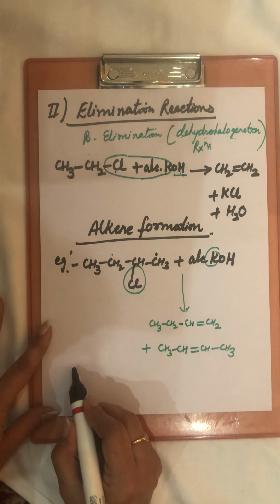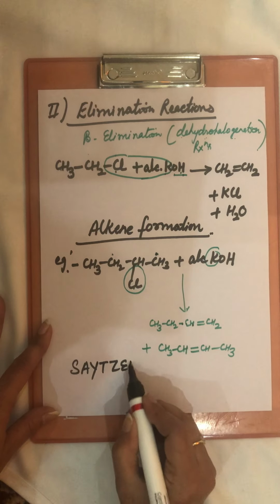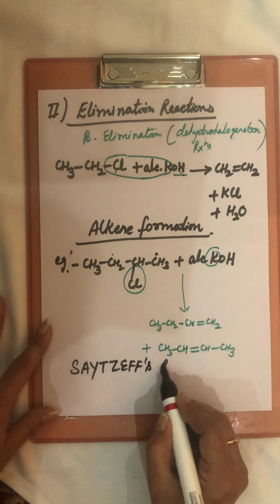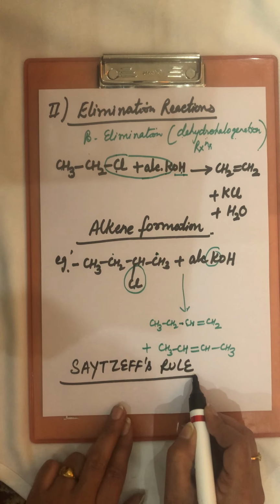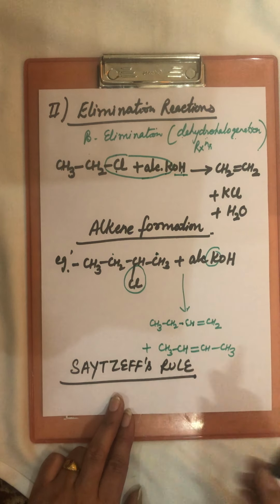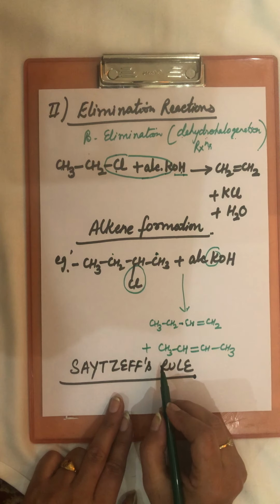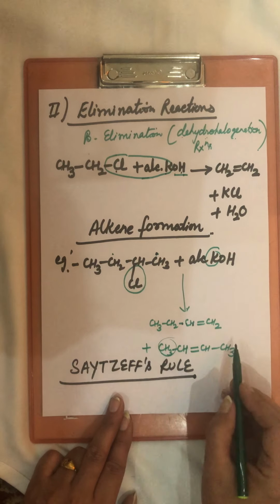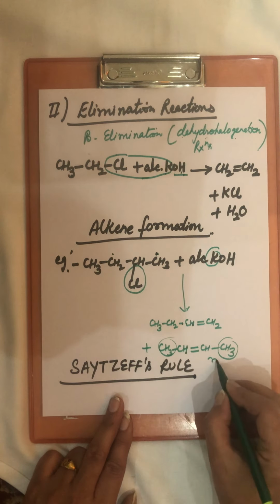That we decide by using a rule called Saytzeff's rule. Saytzeff's rule is used to decide which alkene is the major alkene. According to this rule, that alkene which is more alkylated, meaning the one which has more alkyl groups, will be the major one, like one alkyl group versus two alkyl groups. This is the major alkene, the major product is this.